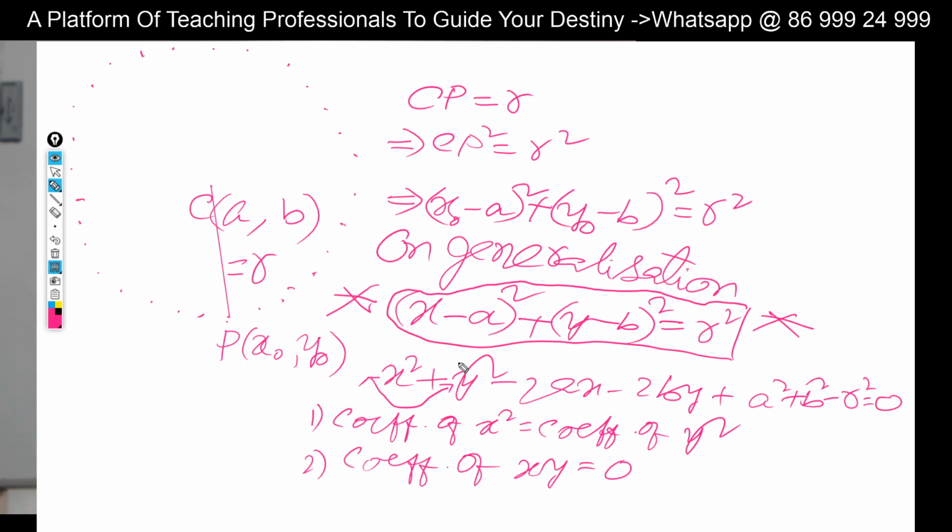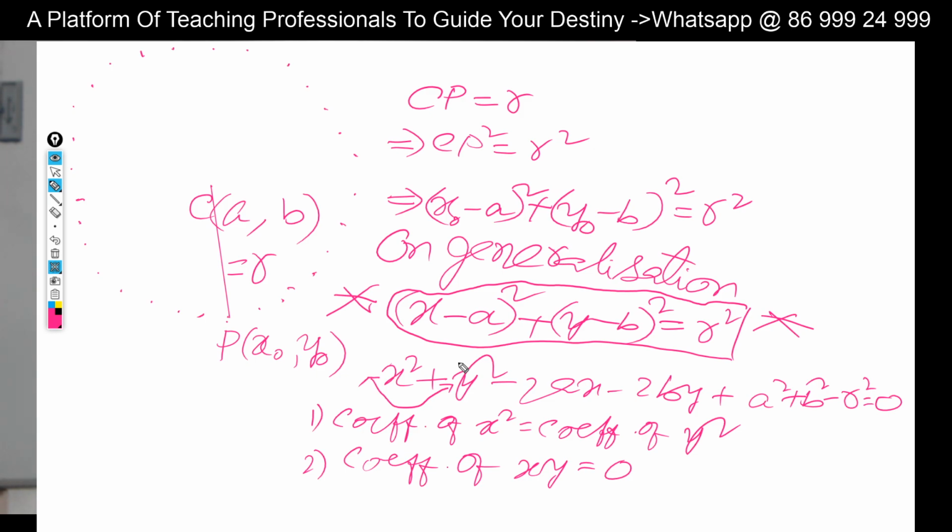But nowadays the word locus is lifted from the question, and you are simply given: find the equation of the straight line, find the equation of the circle. Because that word is removed, the students are under the impression that locus problems are different and these problems are different. No, every problem of coordinate geometry, if you find an equation, is finally nothing but a problem related to the locus only. Don't forget that.